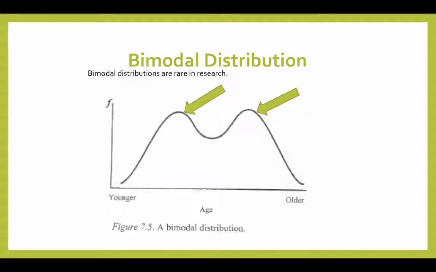Bimodal distribution. These are really rare. It's not something I want you to focus on a ton. These two high points do not have to be exactly equal for that to be bimodal. It goes up and then comes down some, and it can come all the way down, or it doesn't have to. Then it goes back up close to at least the first curve. That's bimodal.